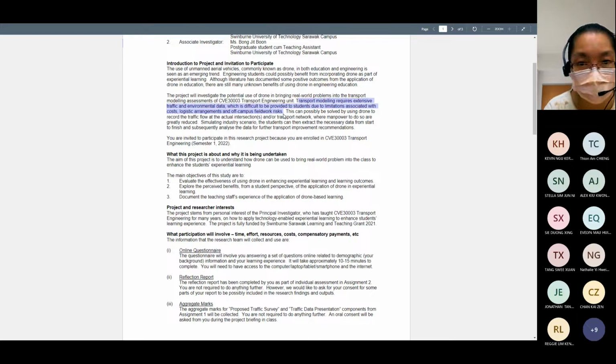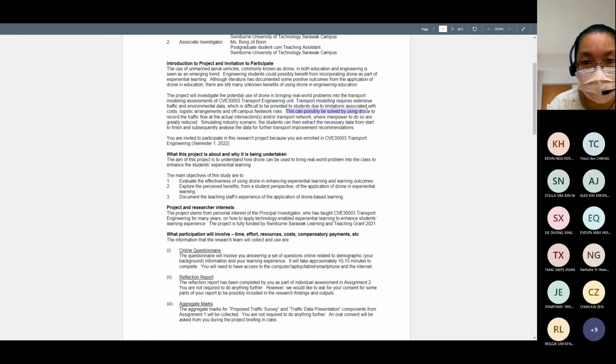Okay, so if I were to bring the whole bunch of you out, the 50 plus of you, then I'll have to scratch my head over this. Costs to bring you out, logistic arrangements, how to bring you out, and all the risks involved because you are at the roadside, you will be all over. Yeah, so it's quite risky.